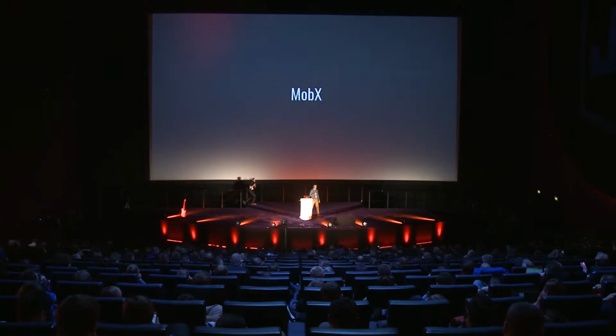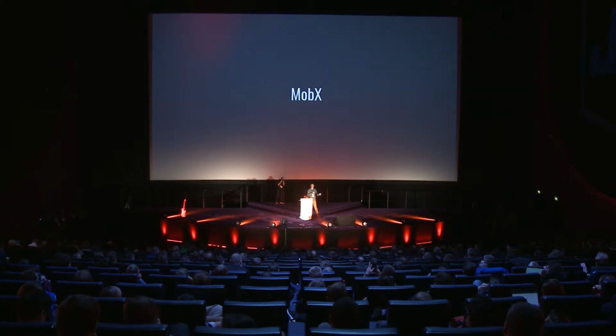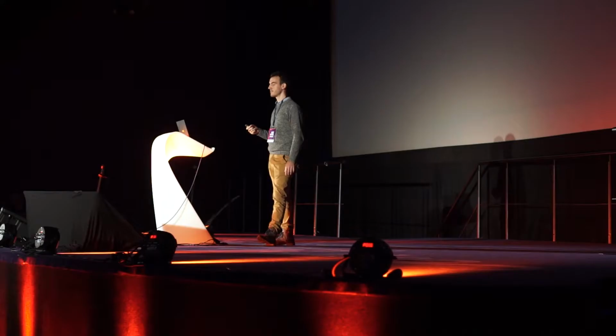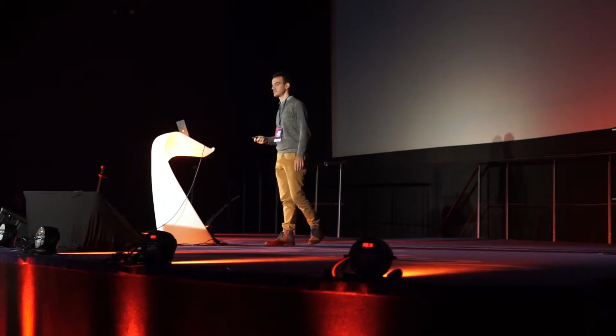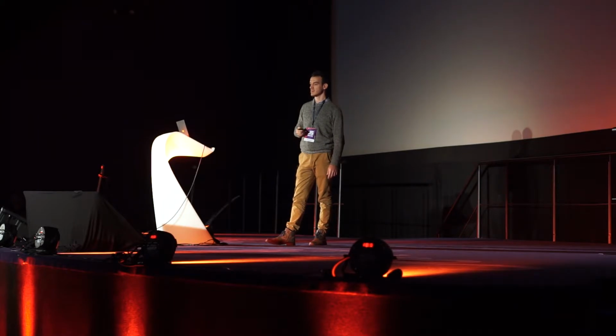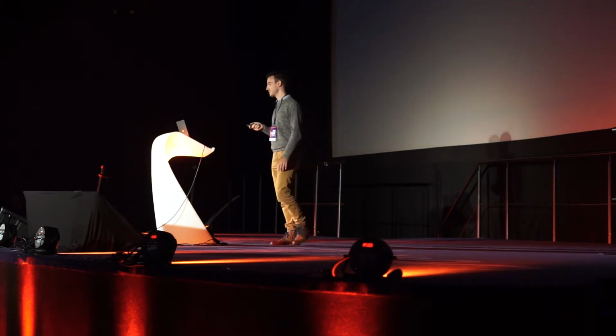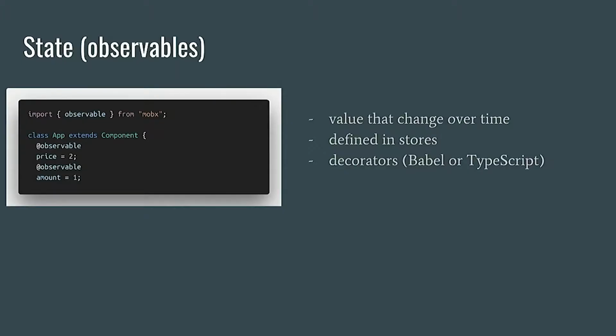So let's choose MobX as our primary state management library, and here we will explore three core concepts of MobX. The first one is state, those are the observables. The second one is derivations from data, and the third one is actions. So let's first look at state, the observables. Anything that is a value that changes over time can be defined in a store or component as an observable state.